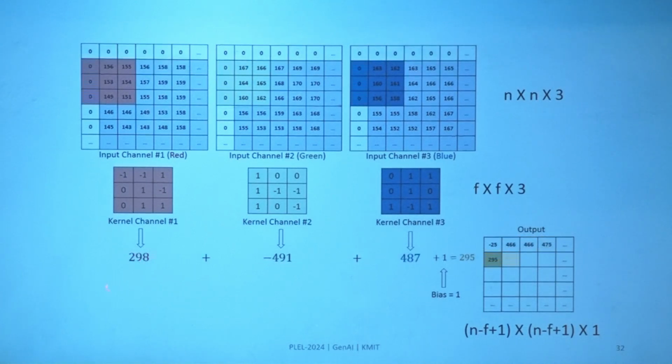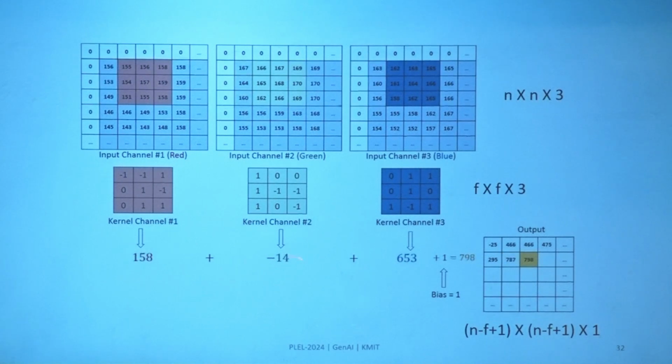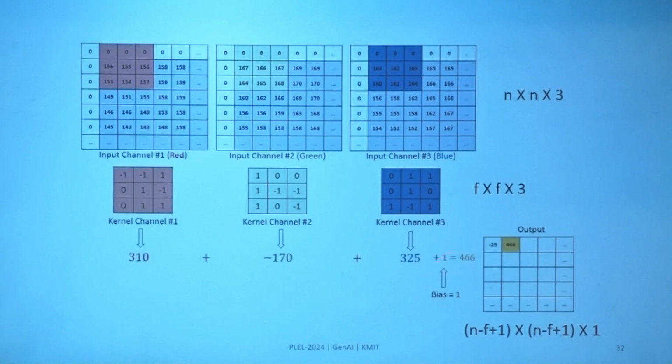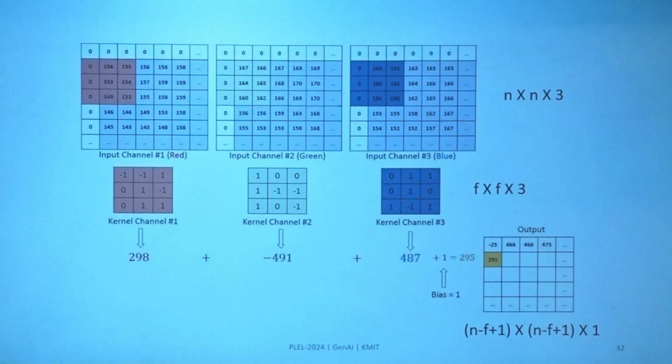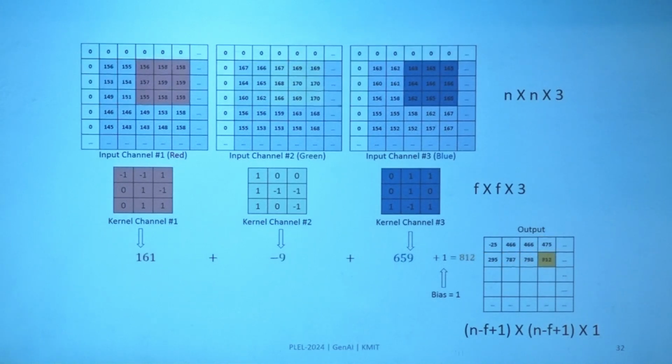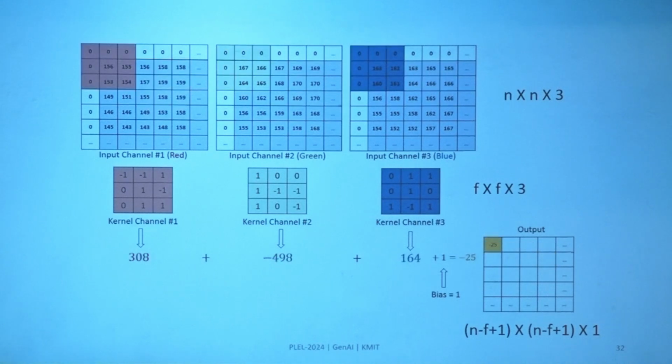So the red channel of the input is convolved with this one, and the green channel likewise, plus additive terms, and at last a bias term is added. This will happen for each of the output kernels, correct? For each output channel, one bias term would be there.